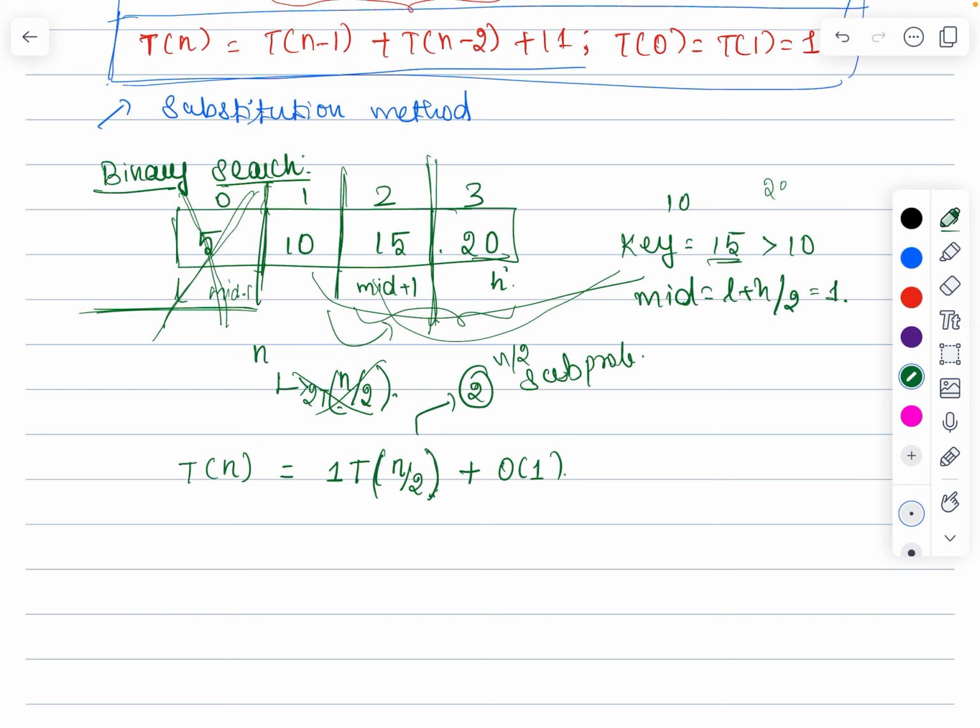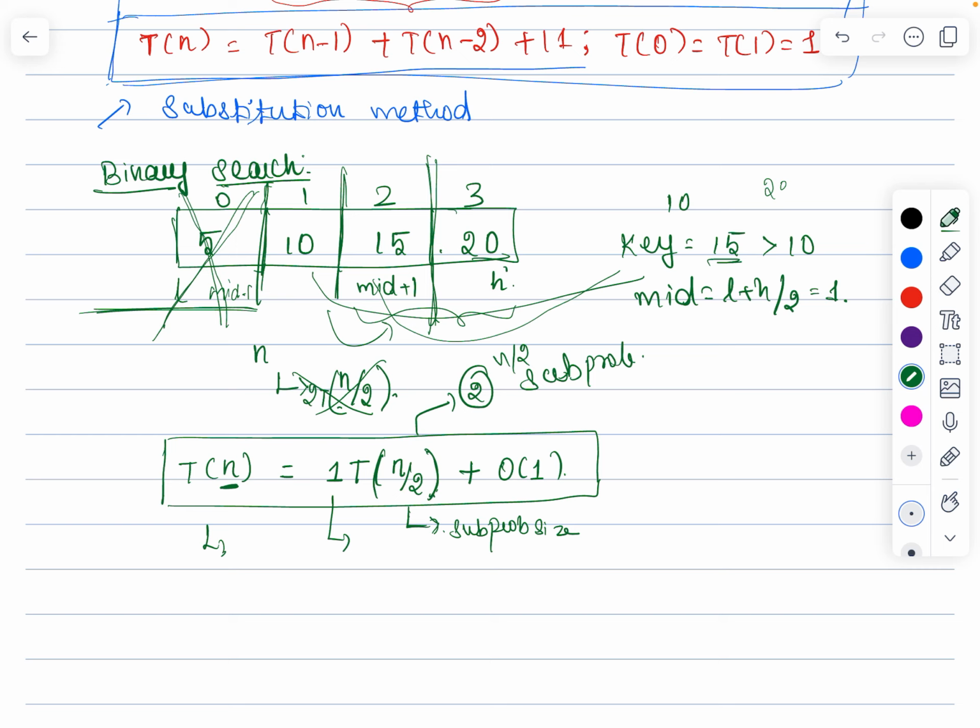So this is how you are supposed to write the recurrence relation for binary search, and this is an example recurrence relation where the dividing function is involved. This T(n), you all know, represents the time complexity, the time taken to solve the problem with input size n. This n by 2 represents the sub problem size.